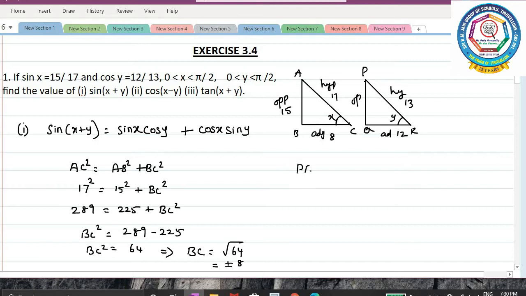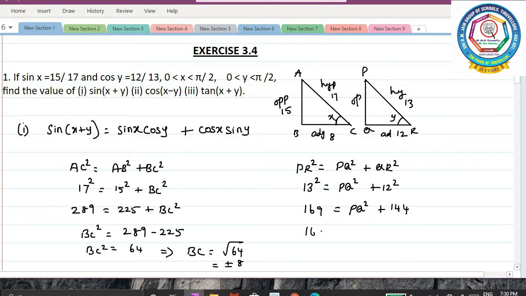So we have to find the opposite side by using Pythagoras theorem. So PR square equal to PQ square plus QR square. What is PR square? 13 square. Then PQ square we have to find out. Then QR square is 12 square. 13 square is 169 equal to PQ square plus 12 square, which is 144.